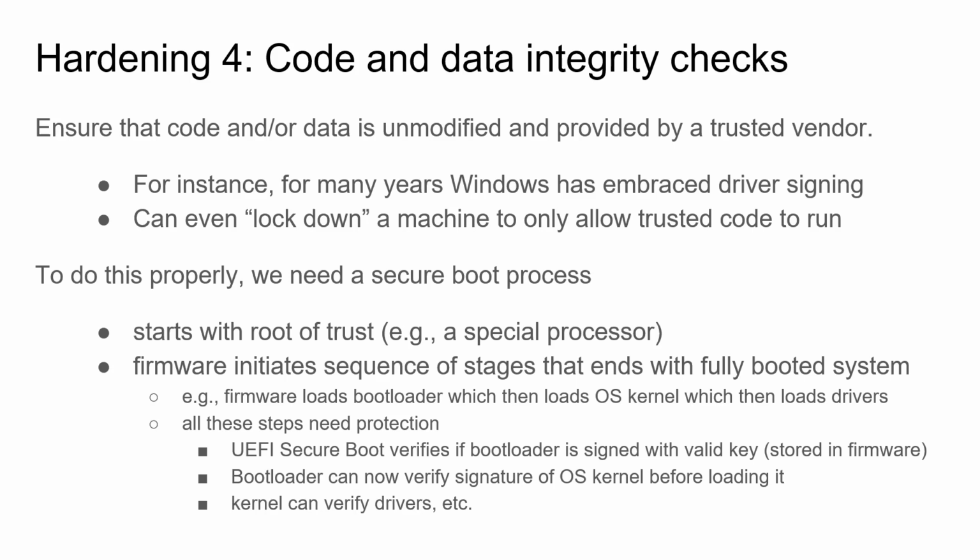So the firmware loads the next part, say a bootloader, and that bootloader loads the operating system, and each stage verifies whether or not the next stage is indeed what you expect it to be. Right? So every time you verify the signature of the next stage before you load and execute it. Okay, so your firmware can check the bootloader, the bootloader can check the operating system, the operating system can check the drivers, and so on.